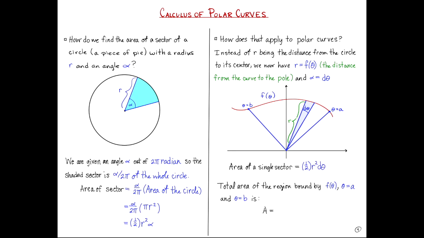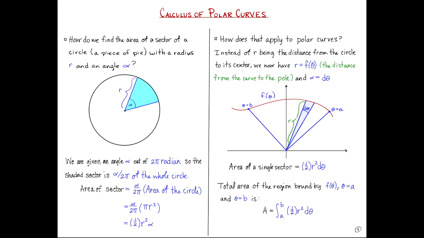That's just the area of one sector. If we want the total area, then we need to add up all of the sectors between theta equal to a and theta equal to b, giving us the integral from a to b of 1/2 r squared d theta. That means anytime we're integrating in polar coordinates, we need to use this formula.